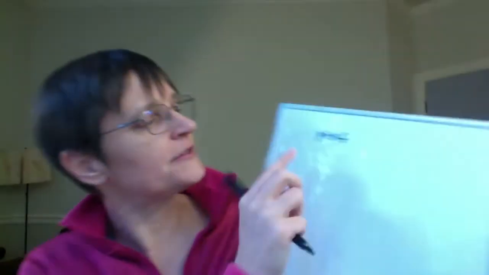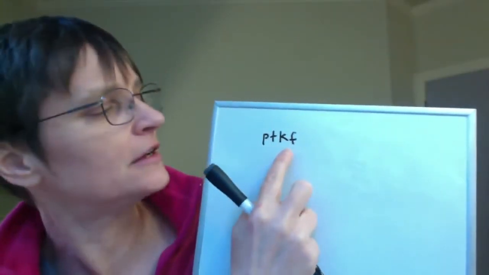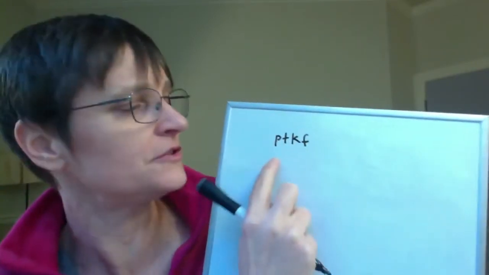All right, so let's look at some plurals. And what I'm going to do, rather than going through all of the voiced sounds and voiceless sounds, I'm going to let you look at that video talking about that specifically, but I'm going to look at what happens in plurals specifically. And so when a word ends with one of these voiceless sounds, the p, the t, the k, or the f sound, those are all voiceless.